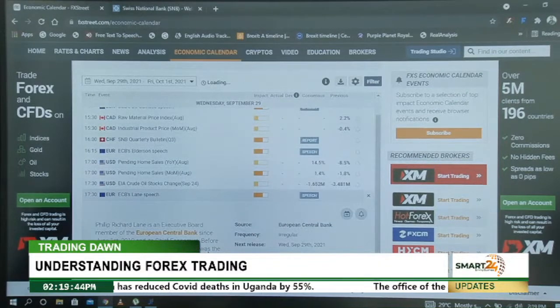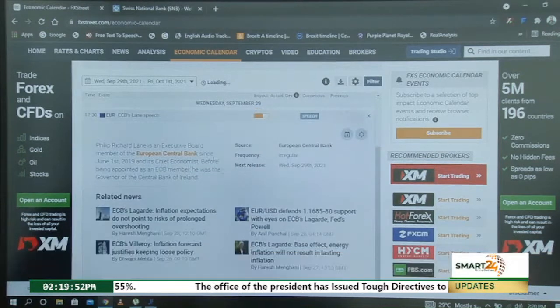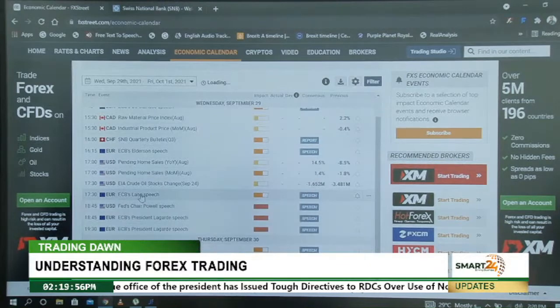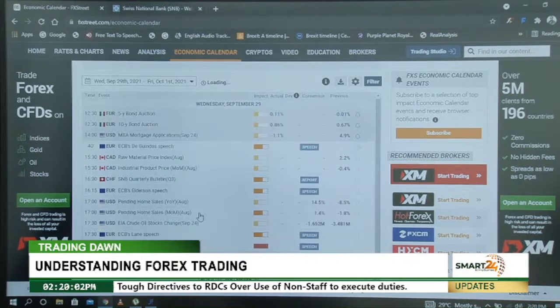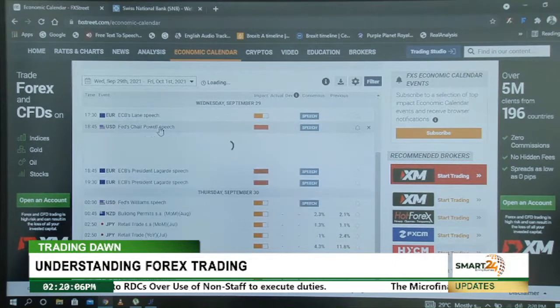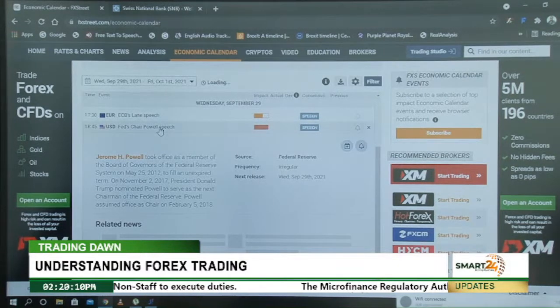It's not like if America was having many speeches, you have some from the East Coast, others from the West Coast. Those ones would give you a different kind of volatility. But these ones here are quite many. Because after 7:30, there is now the high impact events begin. There are 3 of them. There is a speech from the Federal Reserve Chairman, Powell.